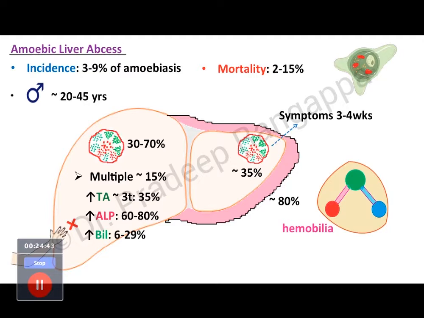I think another important thing for the listeners to keep in mind is the typical feature in amoebic liver abscess: they can have hemobilia. Why does that happen? So trainees should know that hemobilia happens due to the connections between the biliary tract and the artery. Whenever there is an anastomosis between the biliary tract and an artery, hemobilia happens.